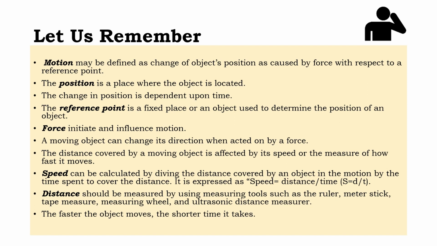It is expressed as speed is equal to distance over time, or S equals D over T. Distance should be measured by using measuring tools such as the ruler, meter stick, tape measure, measuring wheel, and ultrasonic distance measurer. The faster the object moves, the shorter time it takes.